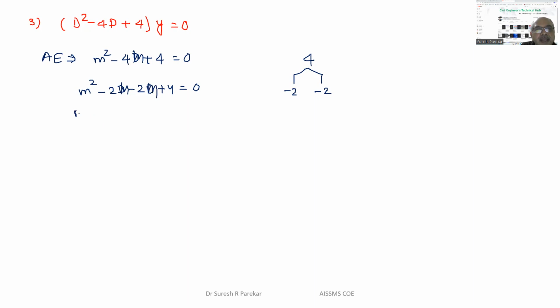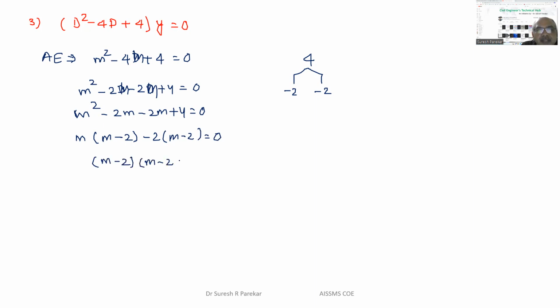So we have m² − 2m − 2m + 4 = 0. Take m common, m − 2. Take −2 common, m − 2 = 0. And then we have m − 2 = 0. And therefore we have m = 2, m = 2.